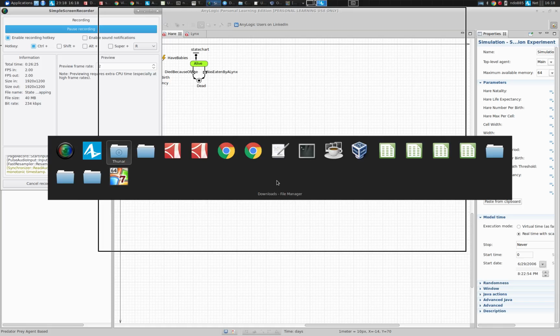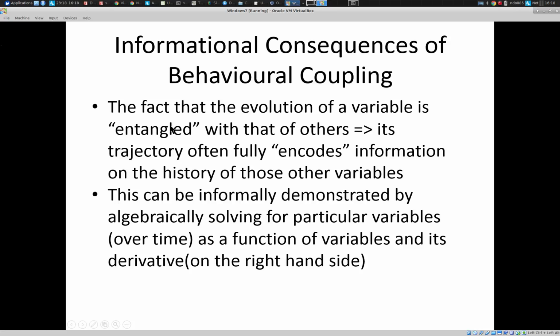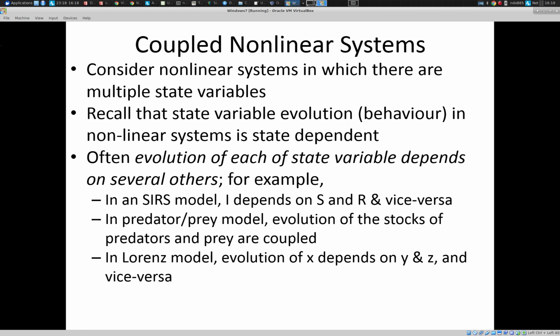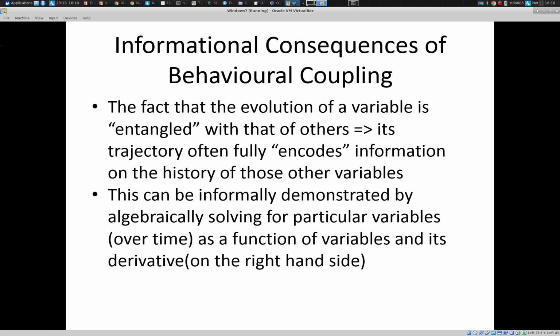Okay, so let's continue to follow this thread of thought. What this is saying is that a given variable within this sort of system is entangled with other variables. So the number of lynxes is entangled with the number of hares, and vice versa.